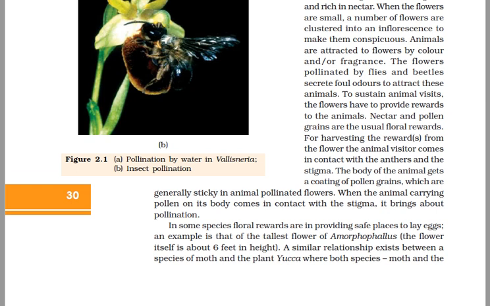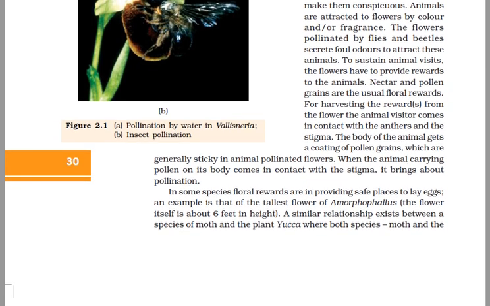The moth lays eggs inside the yucca plant or the yucca flower. In return, the flower gets pollinated, and both of them show the symbiotic association, thereby helping each other. Now this further you can see in the figure of the yucca plant.